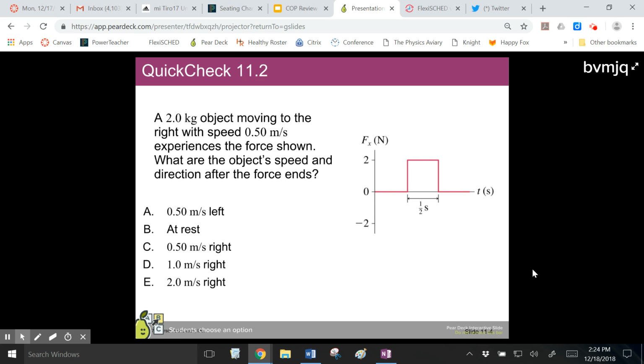After the interaction, we're just going to add 1 Newton second to whatever that is. It's already 1 Newton second, so we get 2 Newton seconds, divided by the mass. Right, because it's positive.